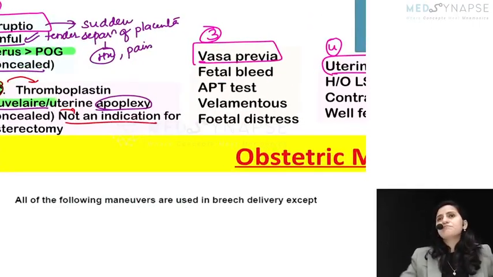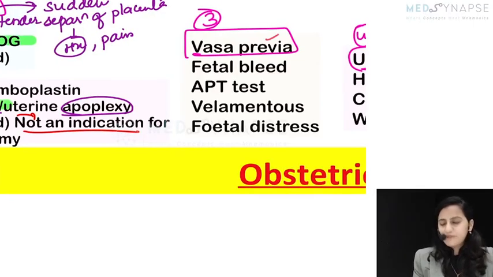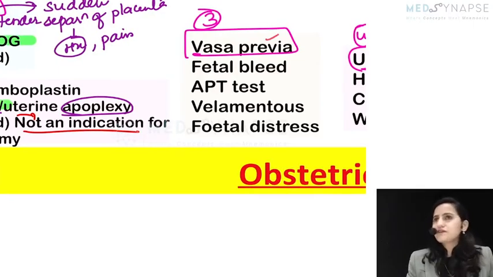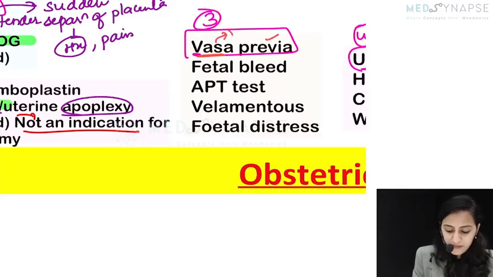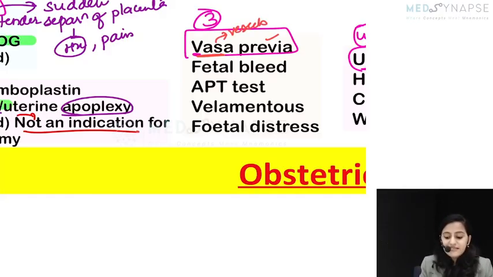What is vasa previa? Vasa previa means bleeding. Just as placenta previa is bleeding from the placenta, the low lying placenta, vasa previa is bleeding from the vessel. The vessel is bleeding. Which vessel? The fetal.